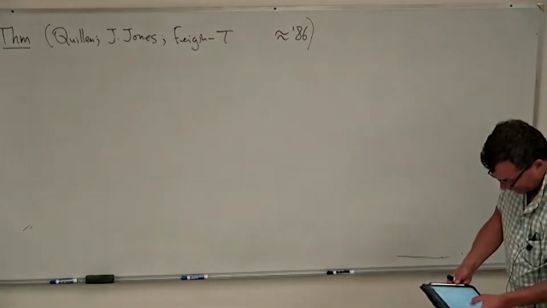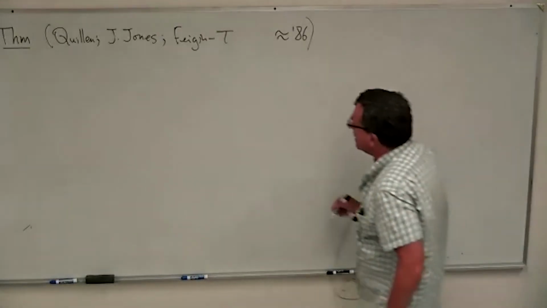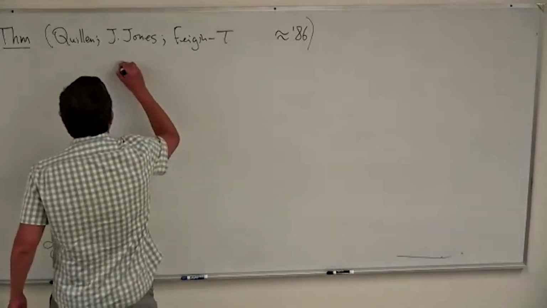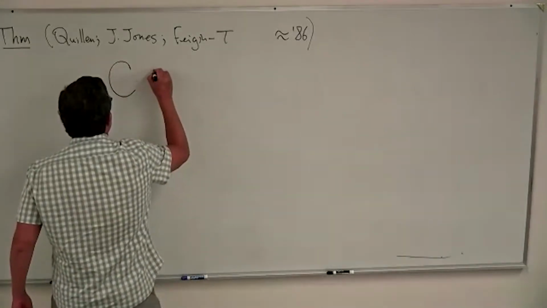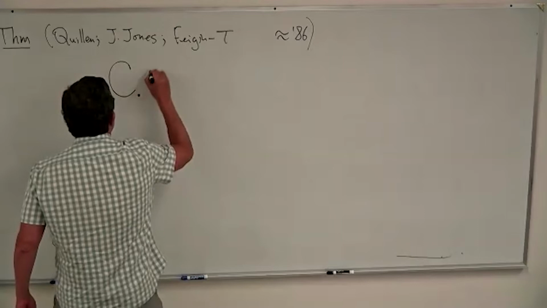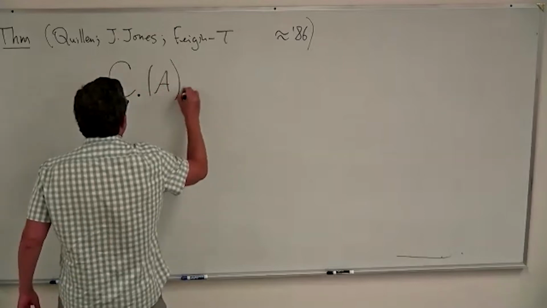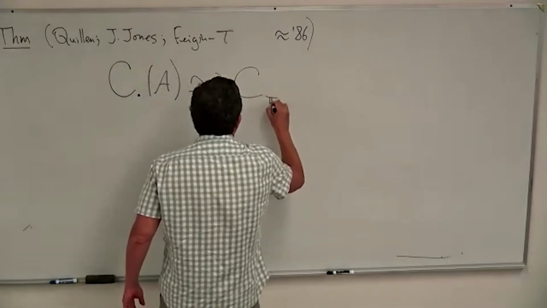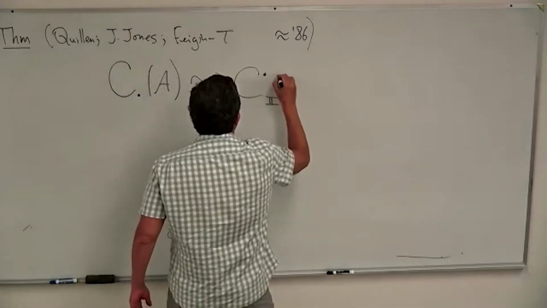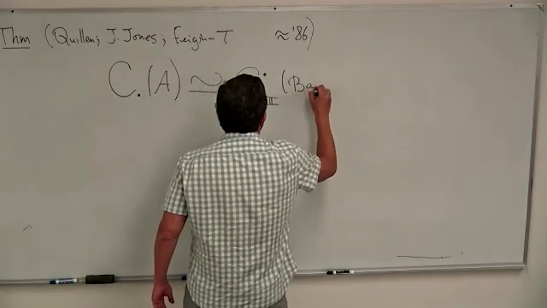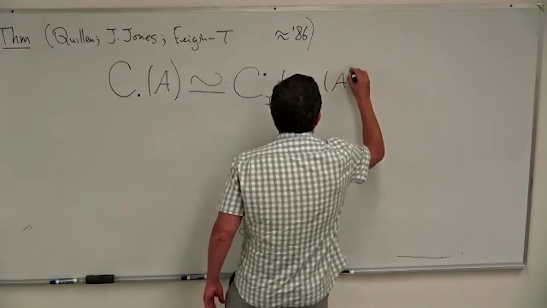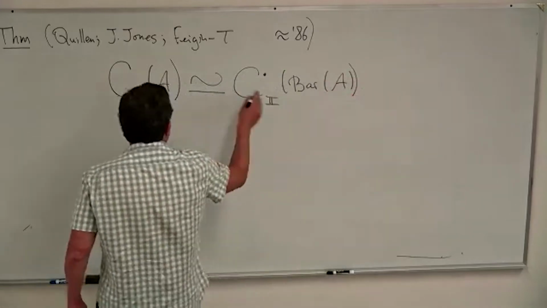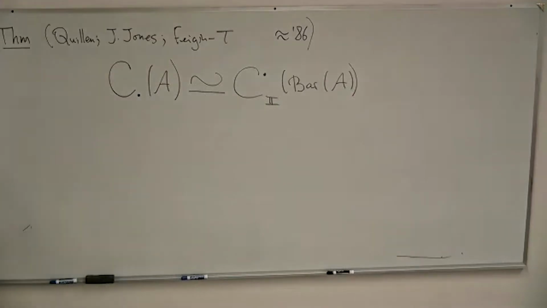So, yeah, the theorem is this, that if you want to compute Hochschild homology of A, it will be... so Hochschild is kind of self-dual, you know, self-Koszul dual.